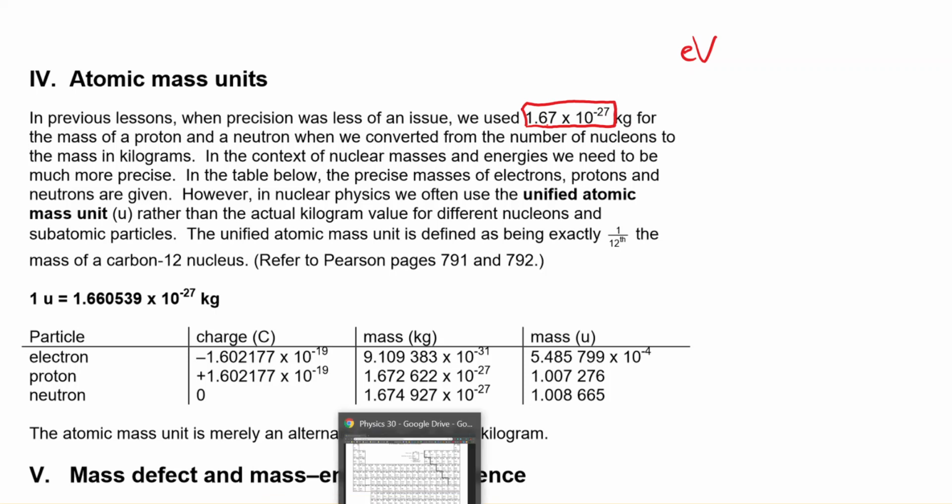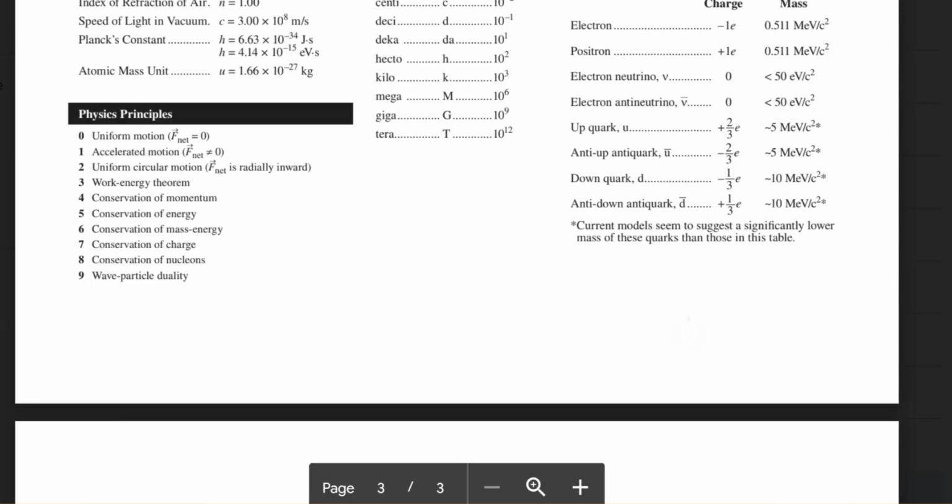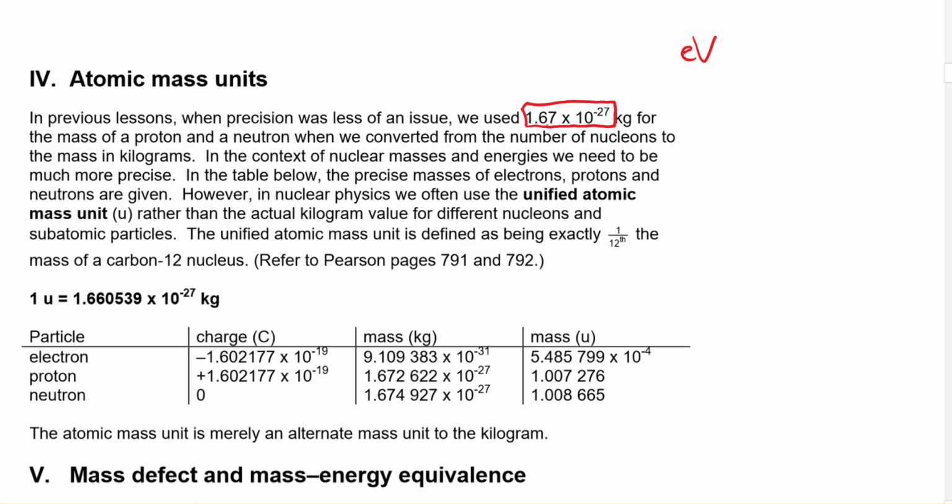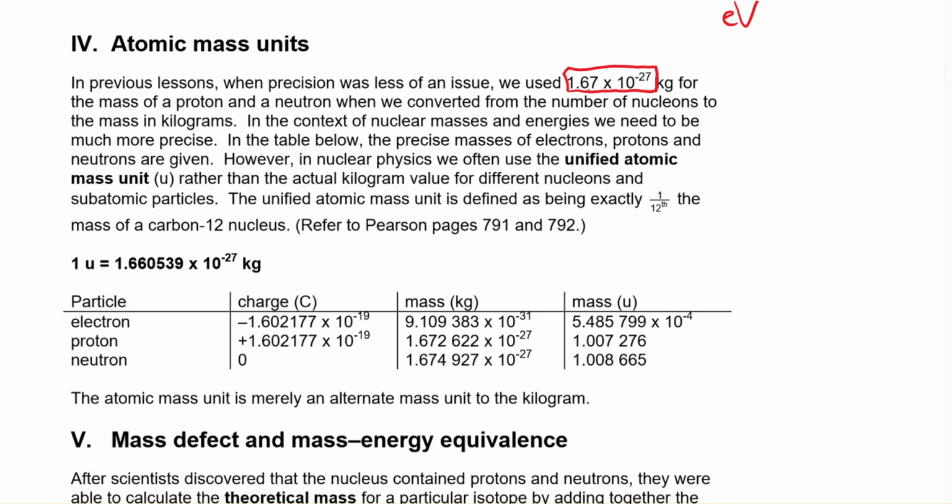I'll just remind you on your formula sheet here, the mass of a proton and neutron, they're both right here. That's all you have on your formula sheet. Well, for this unit, we're going to have to be more accurate than that. We're actually going to be using numbers like this. So here's our mass of a proton, and here's our mass of a neutron.